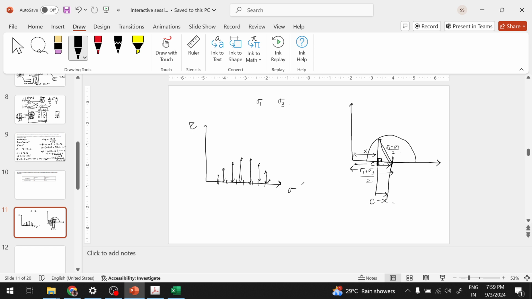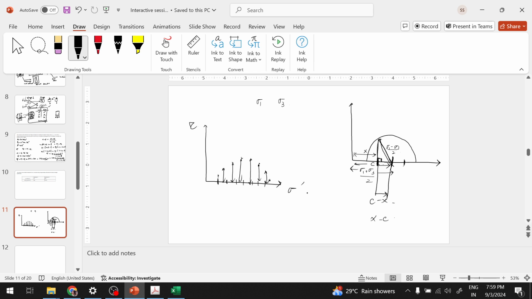C minus x, and if x is greater than C, then this value will be x minus C, isn't it? Okay, and this value I already know.